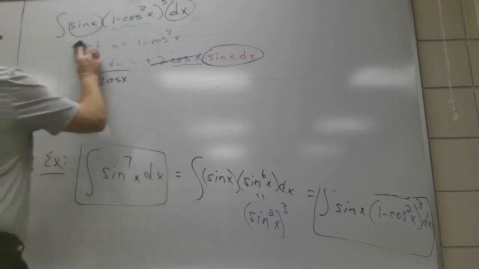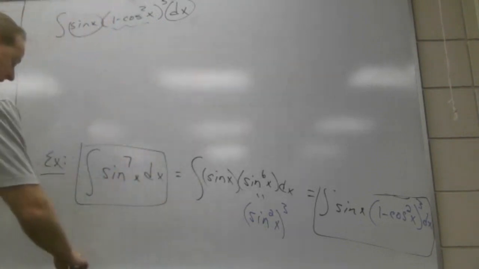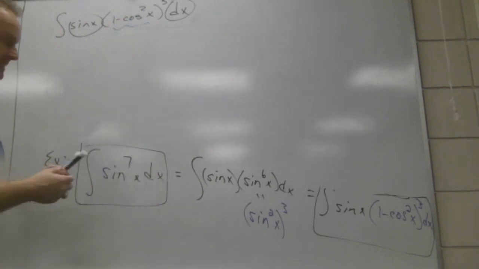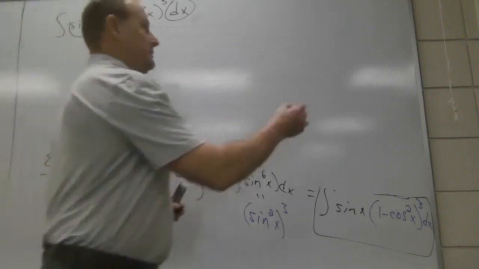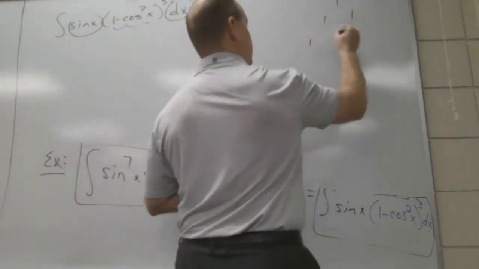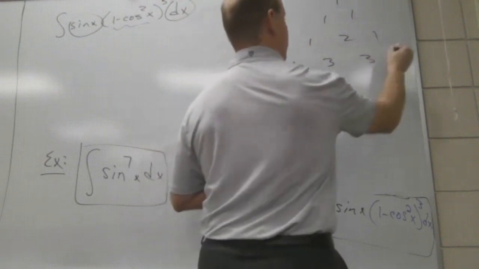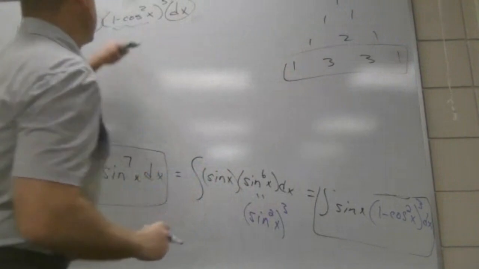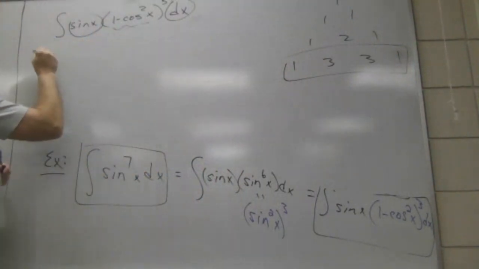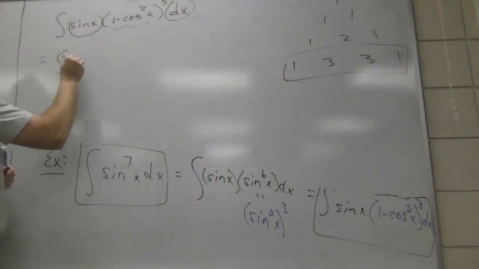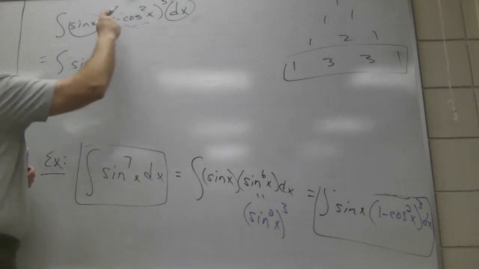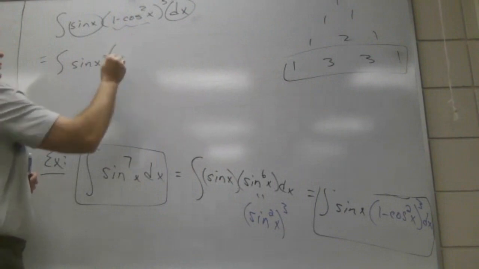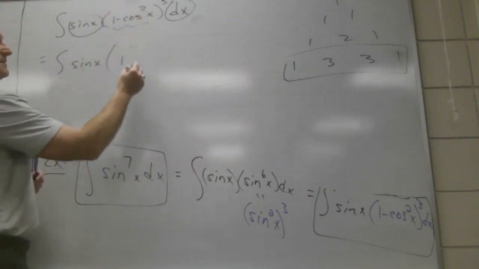So I can't just cut to the chase here, but what I can do is go ahead and cube that out. That's what we got to do. Anybody know Pascal's triangle? What's that? If I cube it out, I'm right here on this one. All right, so what's this equal? This equals the integral of sine x times, okay, the first one cubed, the coefficient's 1, so 1 cubed is just 1, and then we're going to alternate signs, right?